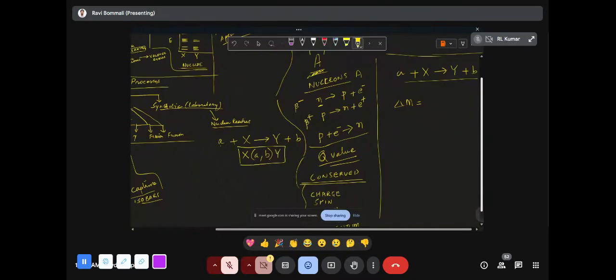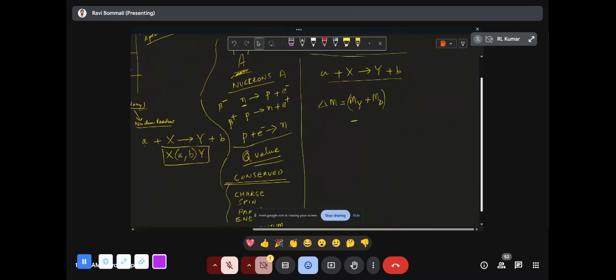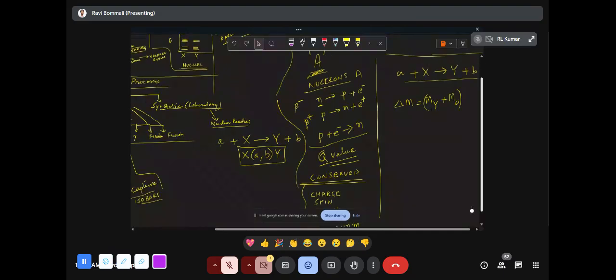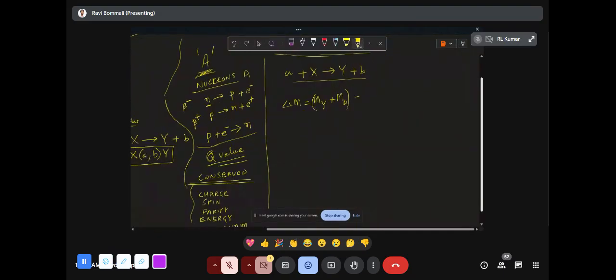Difference in masses of the reactants and the products: mass of A plus mass of X, minus the mass of the products, mass of Y plus mass of B. So when you do Q is equal to delta M C square, you obtain the Q value of a given reaction.